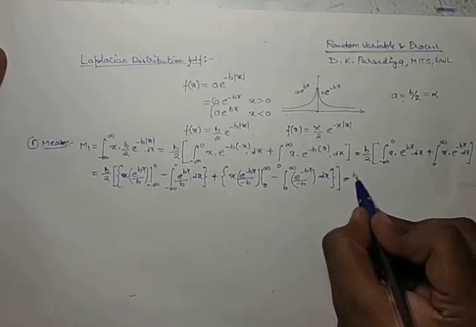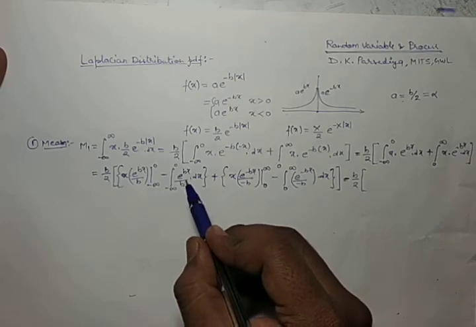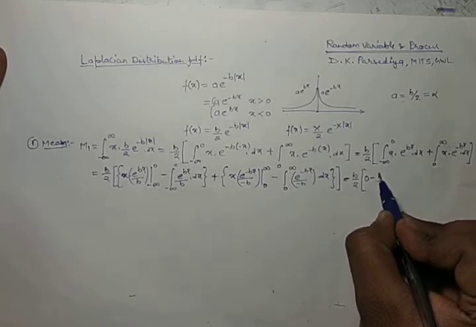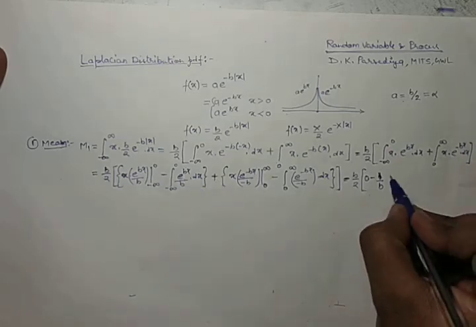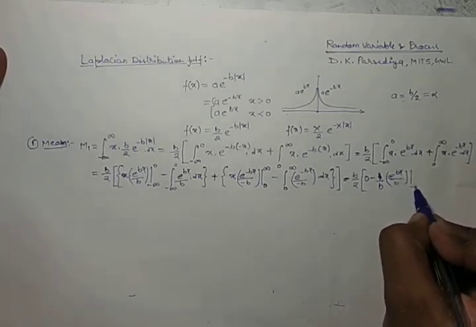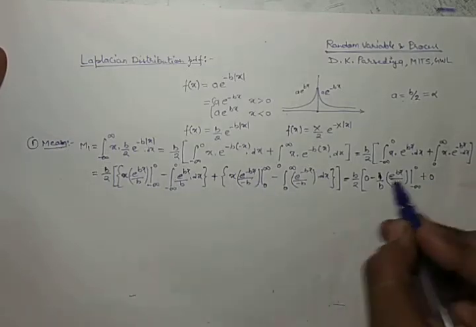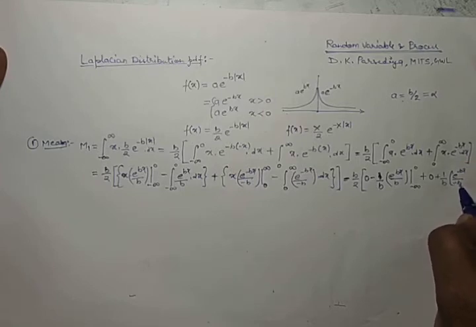So we will get b by 2 times, since this function is 0, 0 minus this, and we have 1 by b as a constant, and again the integration of e^(bx) gives e^(bx) upon b for the limit minus infinity to 0, plus, this function is again 0, minus minus plus, 1 by b is constant, take it outside, e^(-bx) upon minus b, for 0 to infinity.